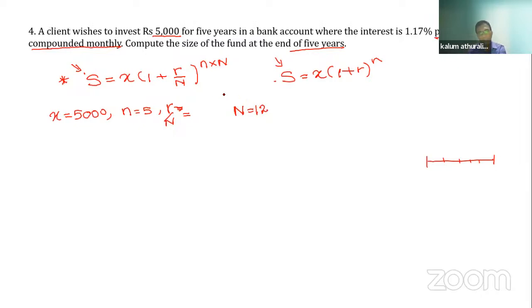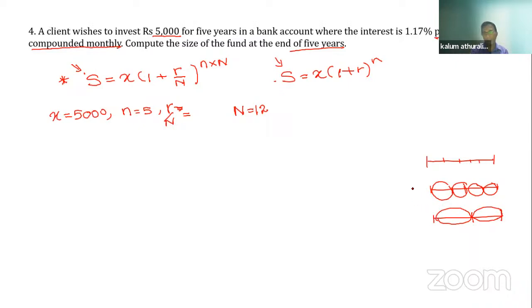If it is quarterly compounded, how many times? 4 times per year. A quarter means 3 months, so one year has 4 quarters. Semi-annually means every 6 months, so 2 times per year.